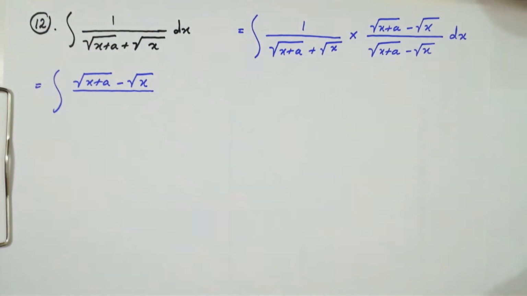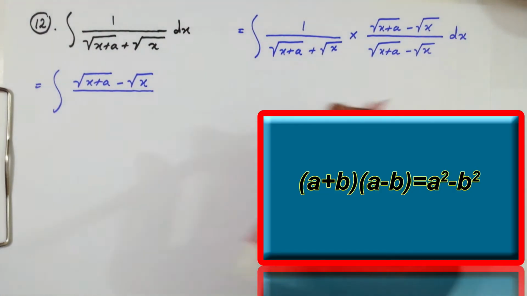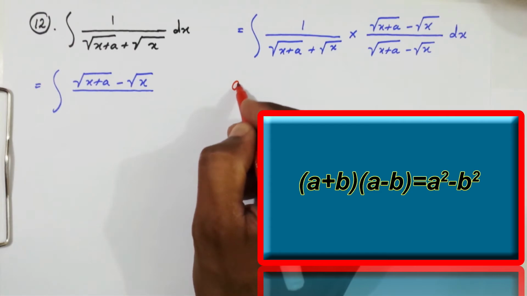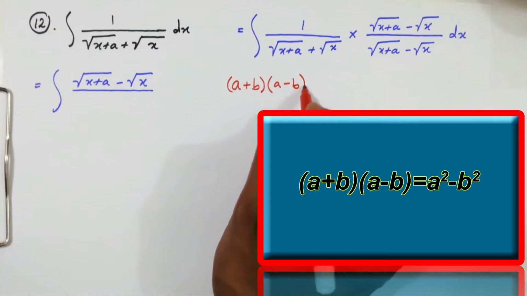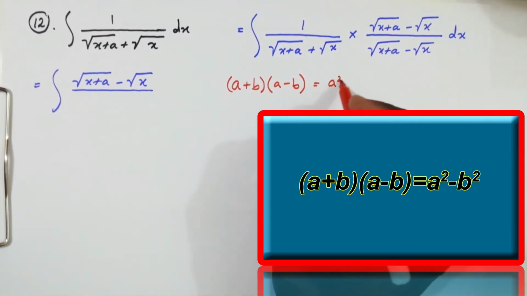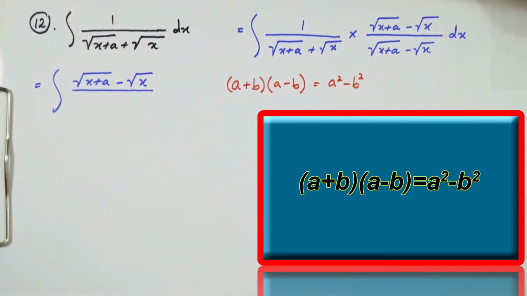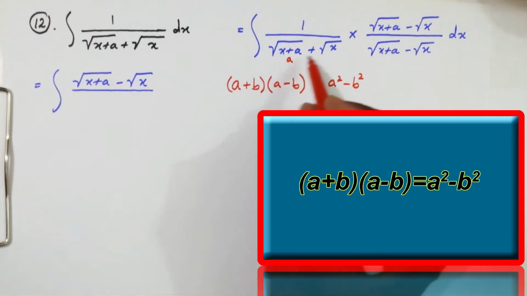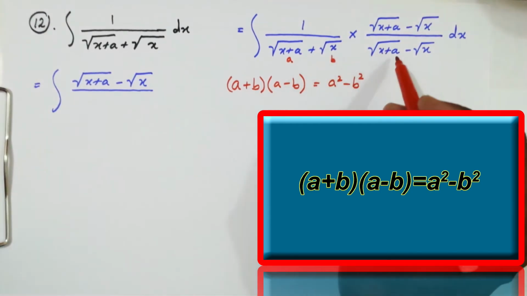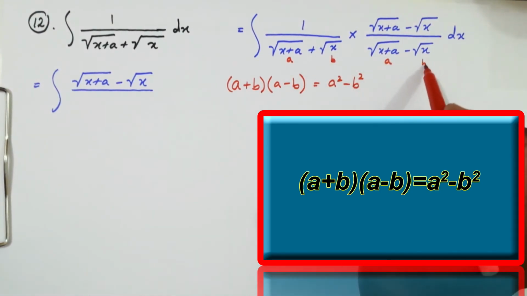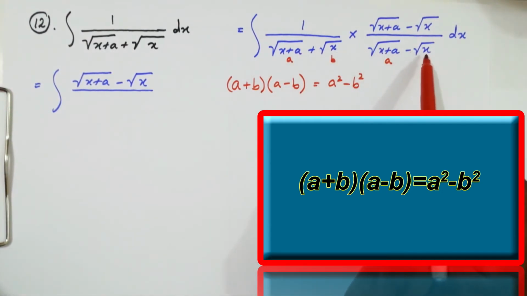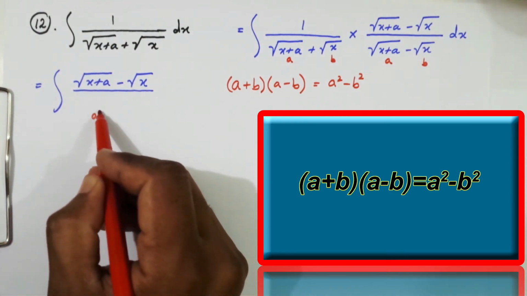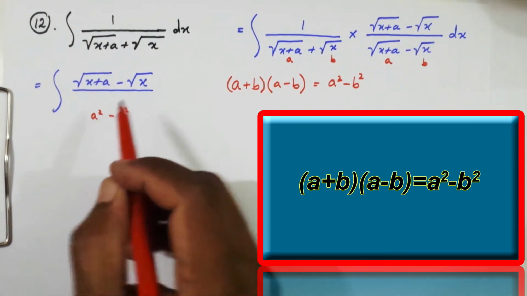I write here a plus b and a minus b. We get a square minus b square. Now here it is a and this one b. It is a and this is b. So a plus b, a minus b. Here we will write a square minus b square.